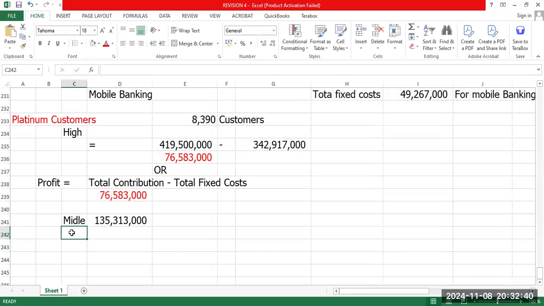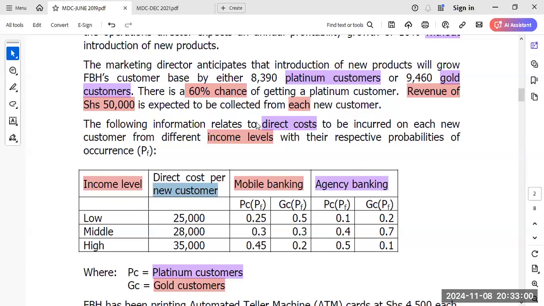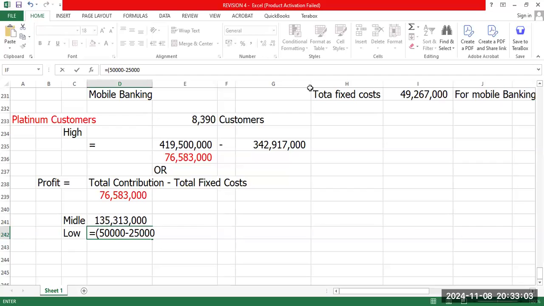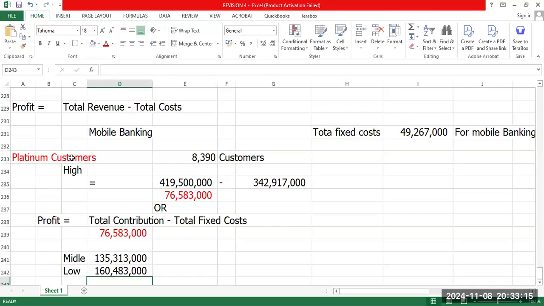Okay, then low will be, I get my revenue 50 minus, what is the variable cost? 25. Perfect, 25. Then I multiply by the number of customers minus fixed costs. I'm done with platinum.